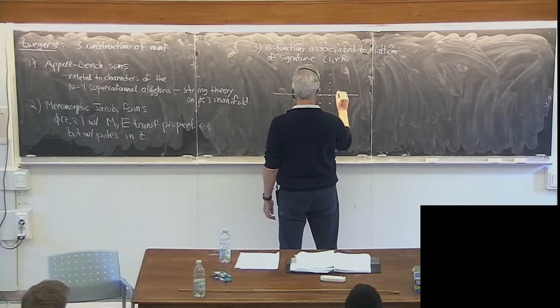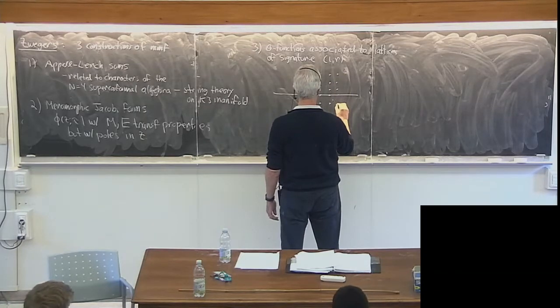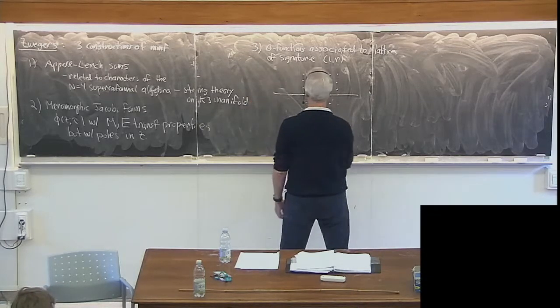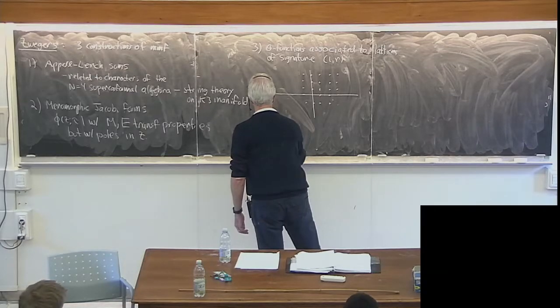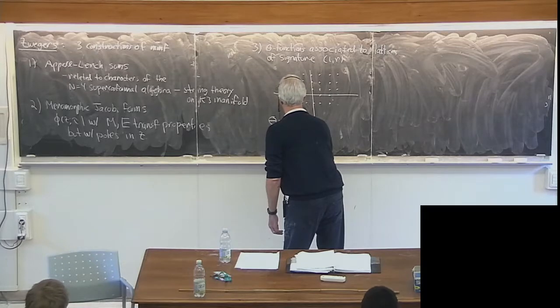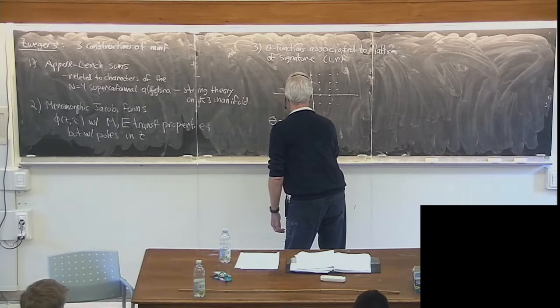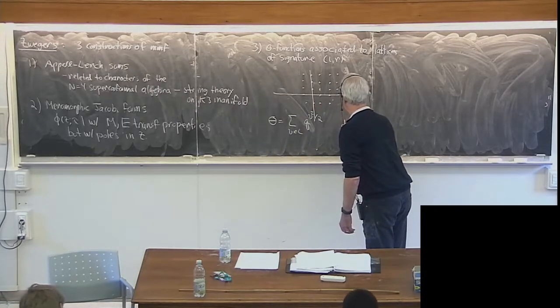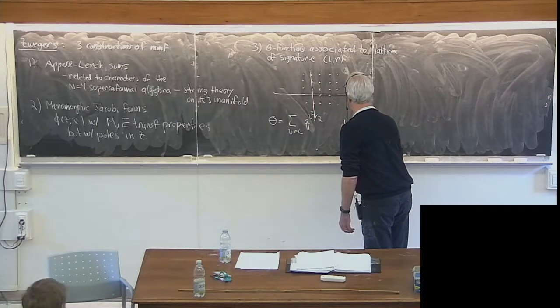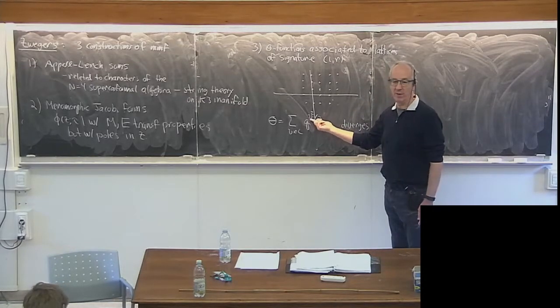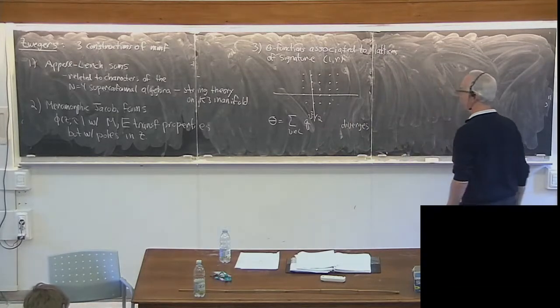So some points are space-like, some points are time-like, some points might be null. And if you try to define a theta function for such a lattice as a sum over lattice points, q to the v squared over 2, this sum diverges like crazy, because you can have points that have both positive and negative length squared.